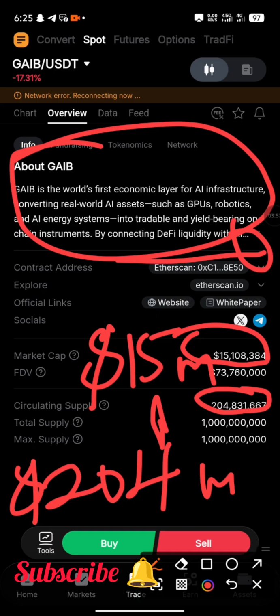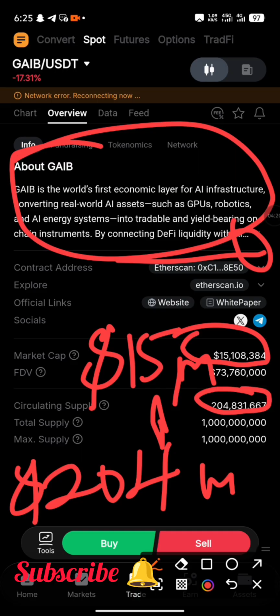So market cap is simply the size of that particular coin compared to other coins. Market cap is equal to the current price of the coin multiplied by the circulating supply.